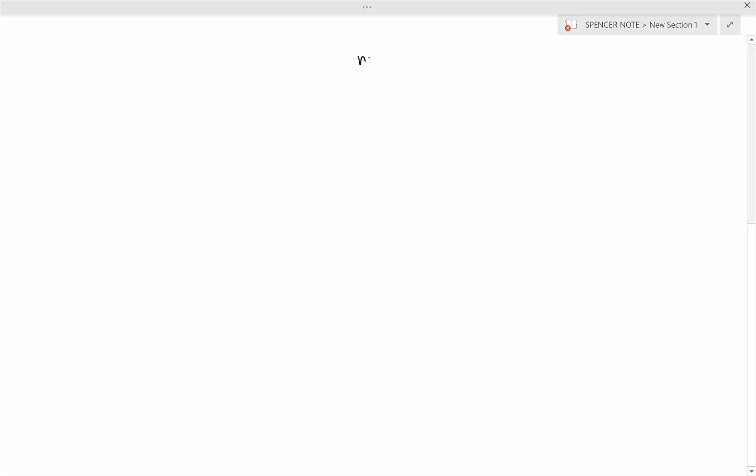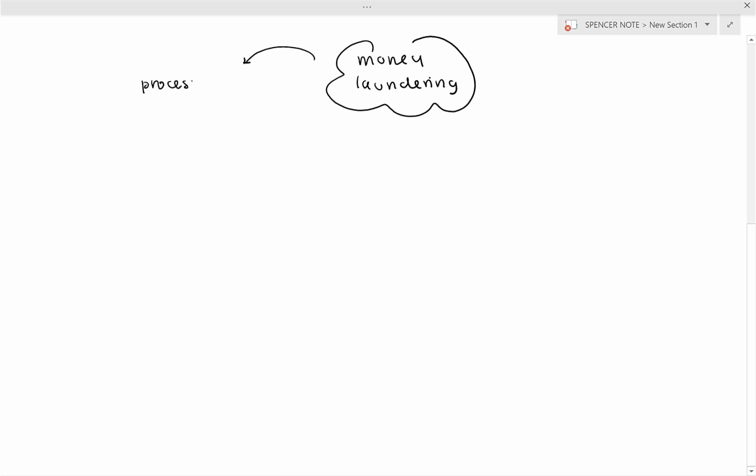Money laundering. Now, first and foremost, what is actually money laundering? When we talk about money laundering, it basically refers to a process where an entity or individual tries to conceal the origin of illegally obtained money.